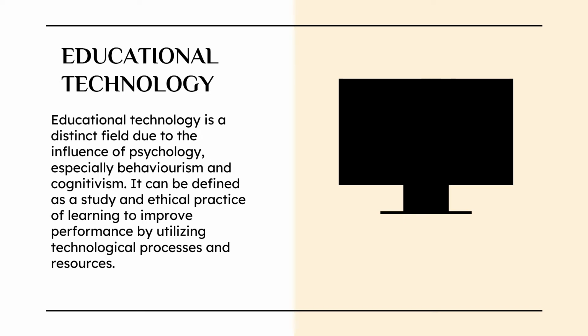According to Ademir and Kahn, educational technology is a distinct field due to the influence of psychology, especially behaviorism and cognitivism. It can be defined as a study and ethical practice of learning to improve performance by utilizing technological processes and resources.